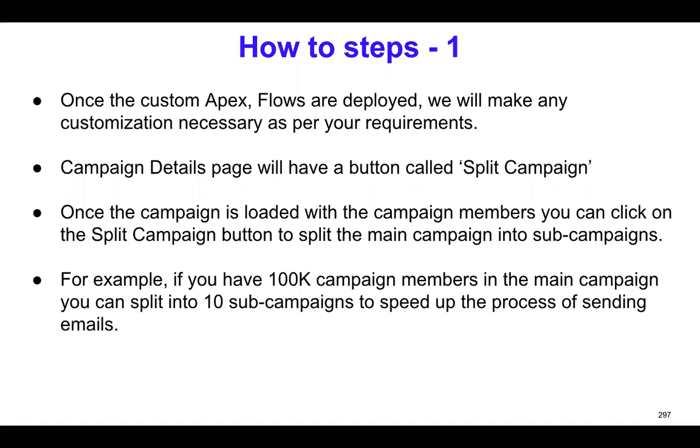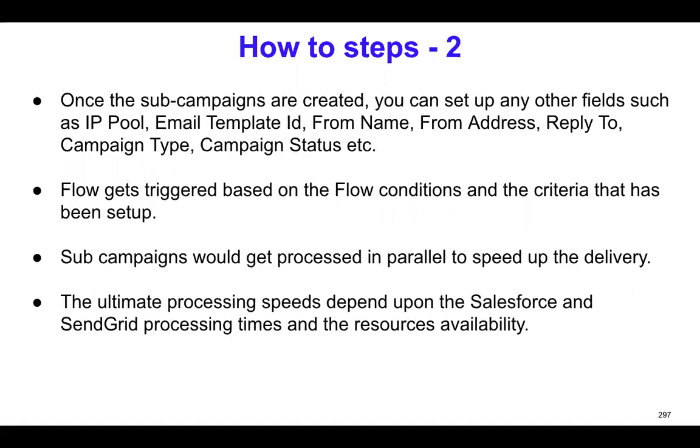So that's all you need to do, and then you have to update a few fields on the campaign. Again, these are typical fields that you may see, like from name, from address, reply to, the campaign type, so that we don't trigger this for every single campaign. Maybe campaign status, you need to pass in the template ID, and the IP pool, if at all you're going to have multiple IPs.